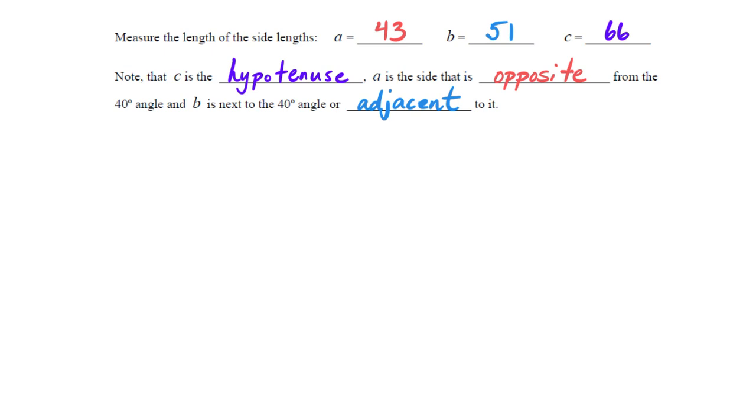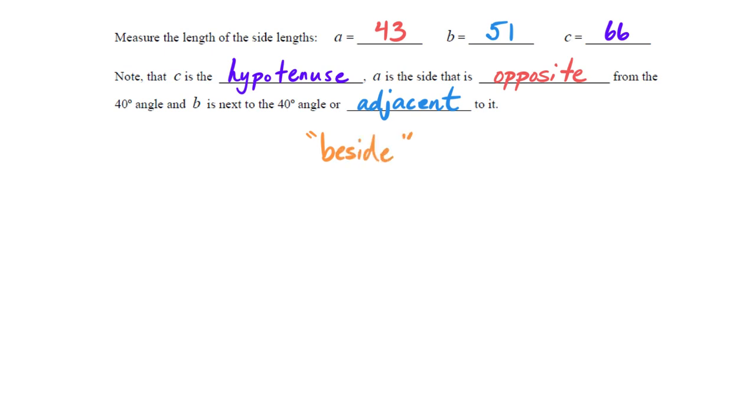We're going to call side A the side that is opposite from the 40-degree angle. You notice we use that based on our label as well. It's the side opposite. Side B shares a side with the 40-degree angle. So we would say that that was a side that was beside it.